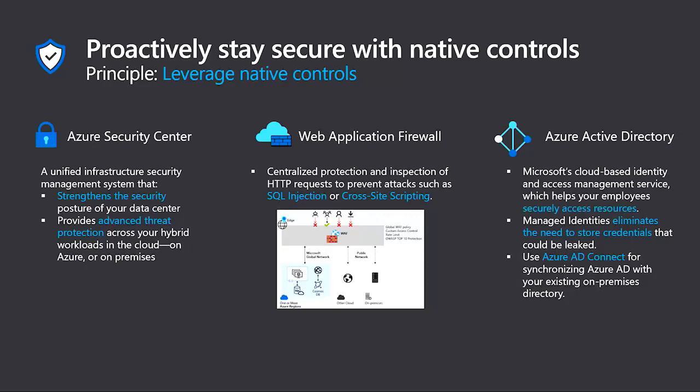And you can also use Azure AD Connect to synchronize and connect your Azure Active Directory tenants to your Active Directory structures that live on premises. So you can use Microsoft's cloud-based identity service to secure access to your resources, use managed identities to eliminate the need to store credentials, and use Azure AD Connect for synchronizing Azure AD with your existing on-premises directories.